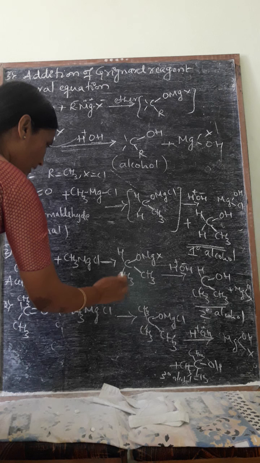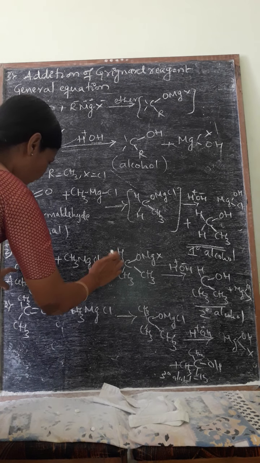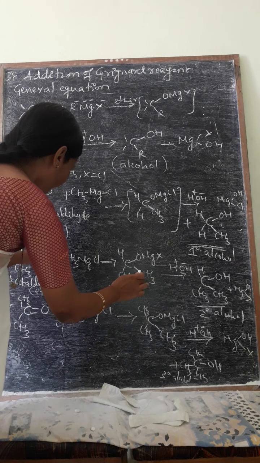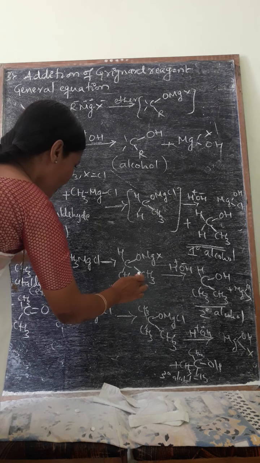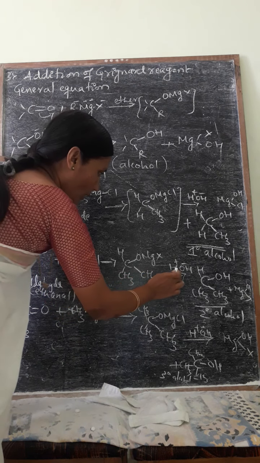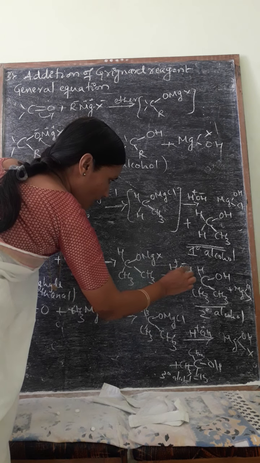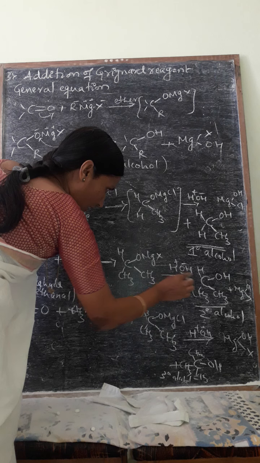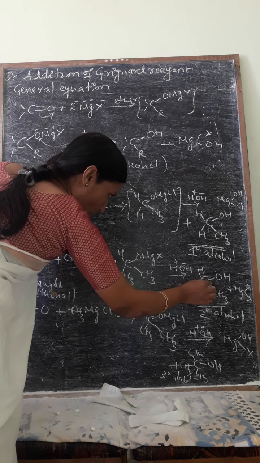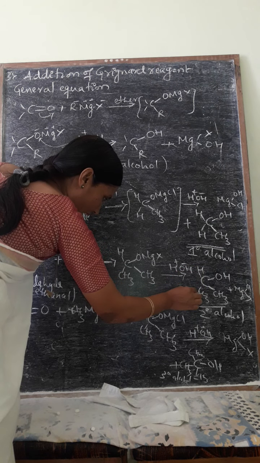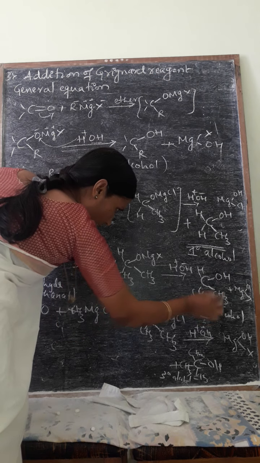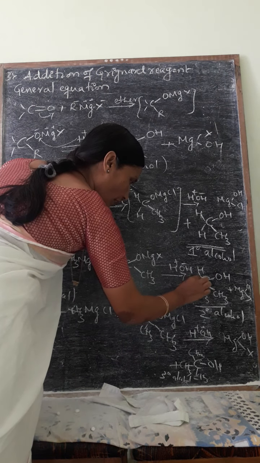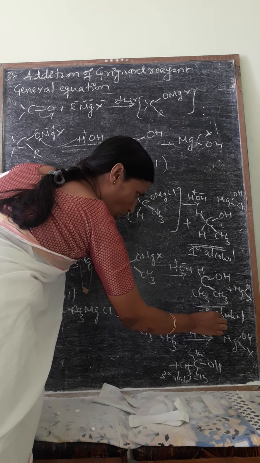The carbon has H, then CH3, then OMgX, where instead of R I have used CH3. On hydrolysis it gives H plus and OH minus, so on O the H is substituted and becomes OH, H and CH3 remain as they are, and in place of R we have CH3. Hence this is a carbon containing 1 hydrogen, called a secondary alcohol.